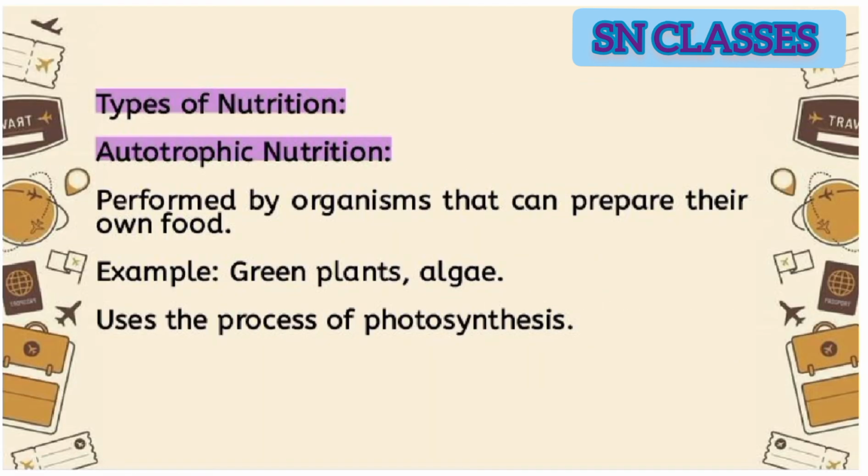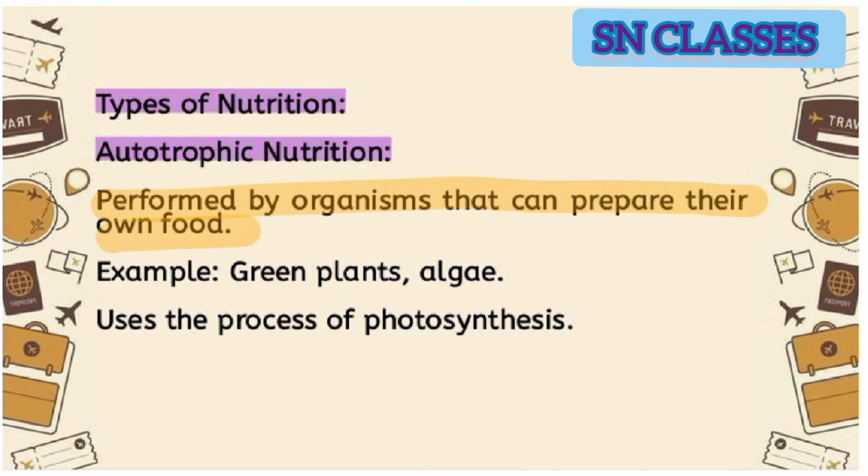Okay. So now let us see the types of nutrition. There are two types of nutrition. One is autotrophic nutrition and the second one is heterotrophic nutrition. First, let us discuss the autotrophic mode of nutrition. Autotrophic mode of nutrition means it is performed by the organisms that can prepare their own food.